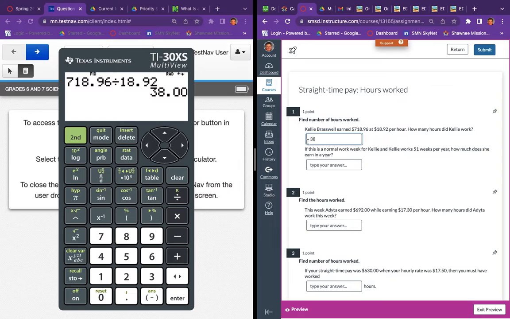38. And then it says if this is a normal work week for Kelly, and Kelly works 51 weeks a year, how much does she earn in a year? Okay, so here's the deal. This is how much she makes every week, and she's going to work 51 weeks. So we're going to go back to the 718.96.